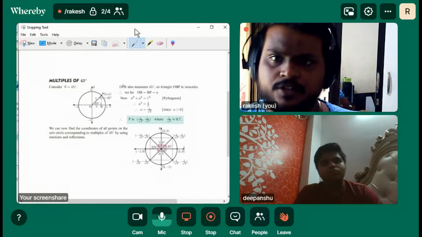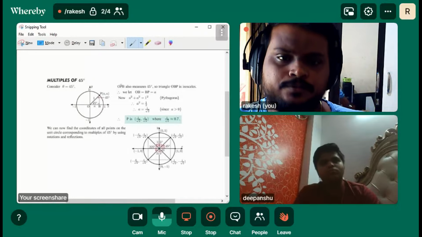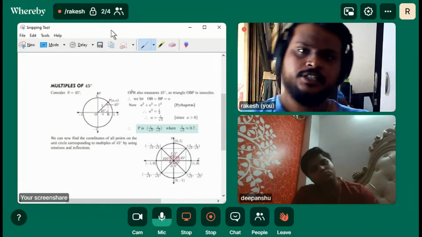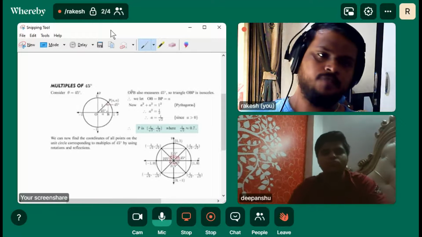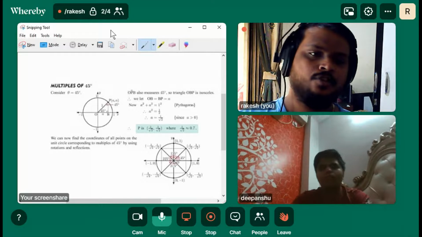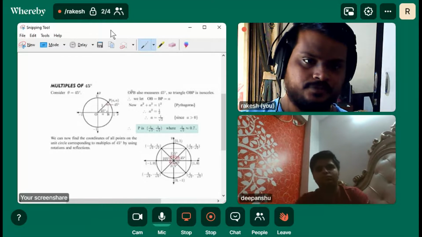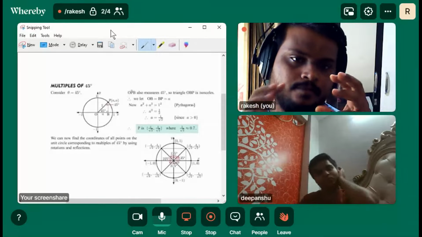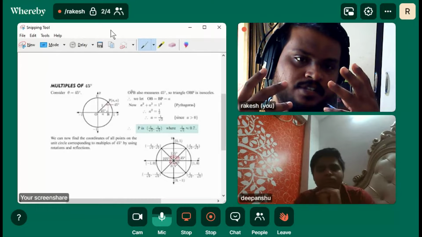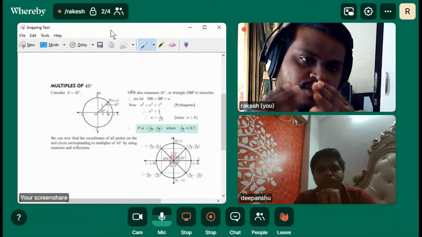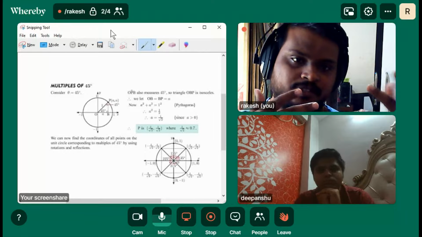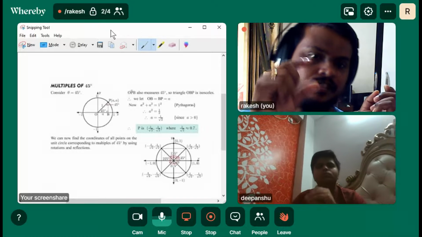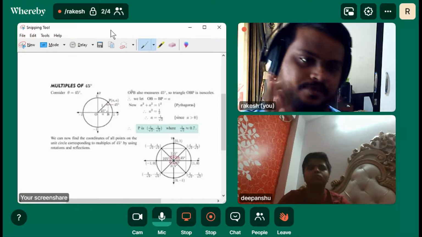So multiple of 45, जैसा कि in an unit circle, we have already seen that because of symmetry of the circle, the x and y coordinates basically repeat, but with different sign. The magnitude of the length of x and length of y is going to be repeated.